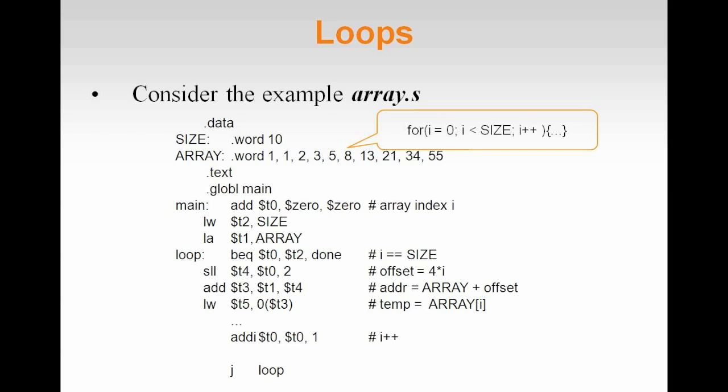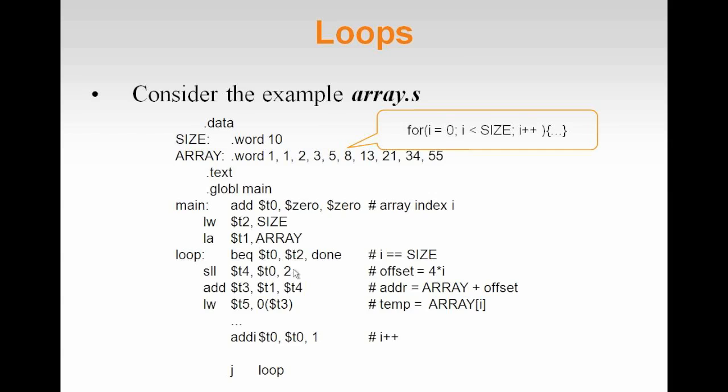Remember from the previous slide that we added an offset to the base address of the array to get the right element. Also remember that it is an array of words, so the offset will always be a multiple of 4. What we do is that we calculate this offset with this instruction, and that's by multiplying the index that is stored in T0 by 4.